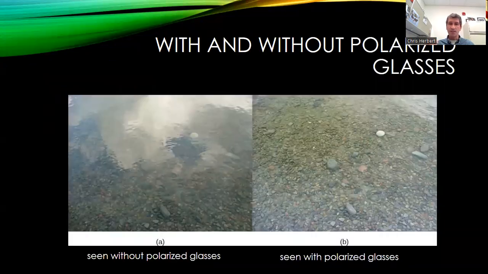And you can see this. This is a picture showing the reflection off of a pond or a lake or whatever. But here we look at the reflected glare without a polarizing filter. And here they placed a polarizing filter in front of the camera. And you can see into the lake much better with the second one because you're filtering out that polarization, which tends to be glare.